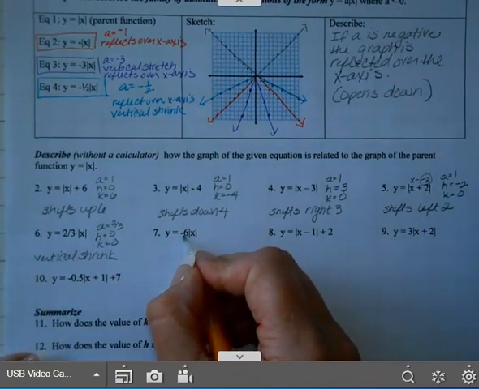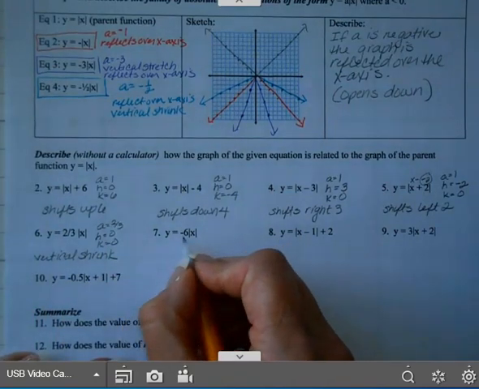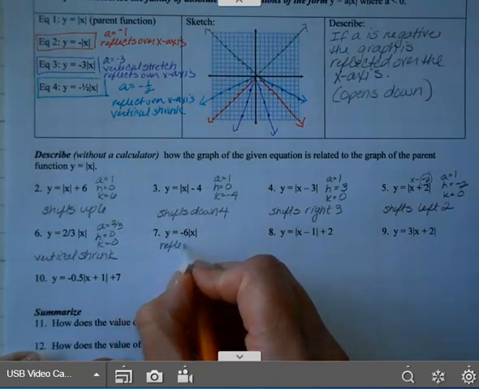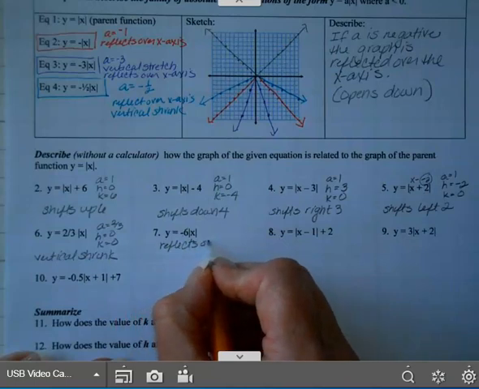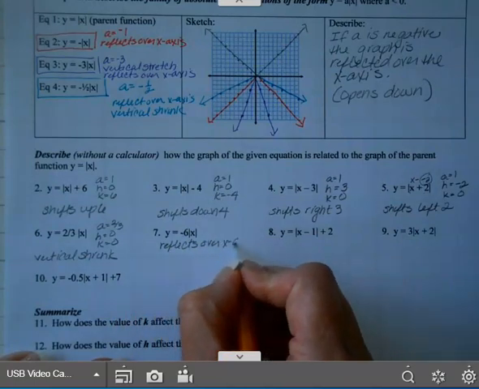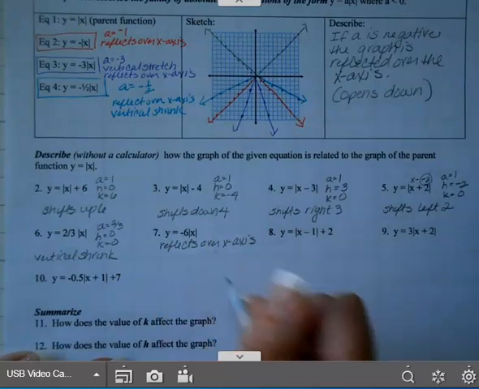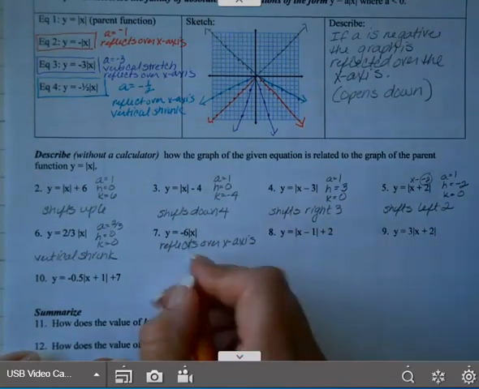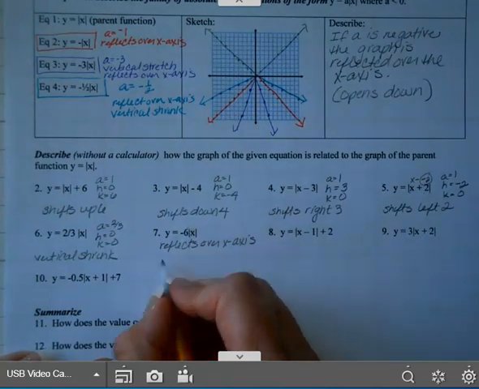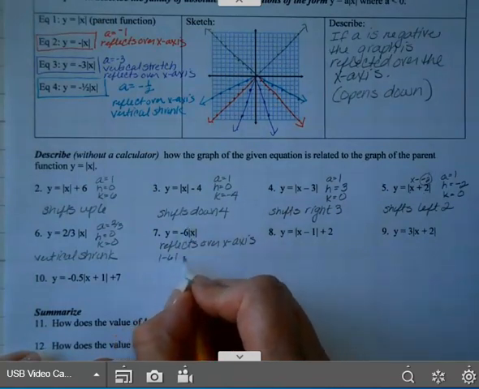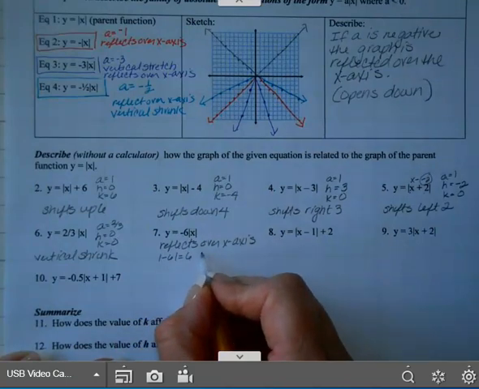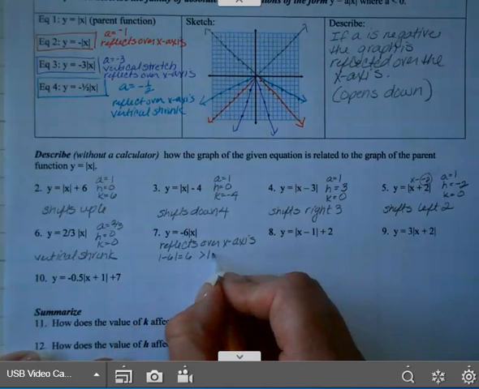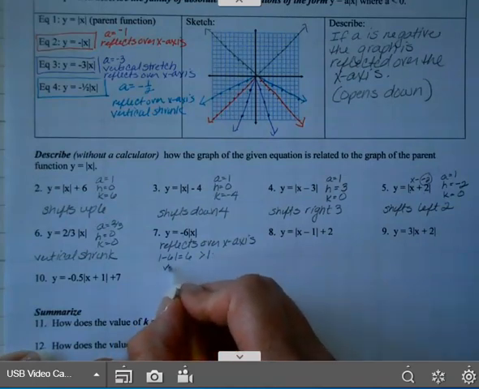The negative here means it's going to reflect over the x-axis, so opens down or reflects over x. Reflects over the x-axis is the same thing as opens down. I'll take either one of those. And then the absolute value of -6 is 6, and that is greater than 1. So that means it's going to be a vertical stretch.